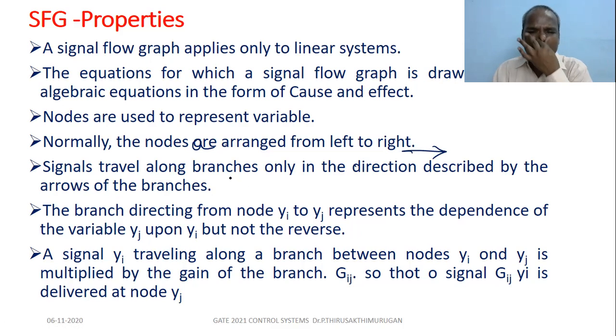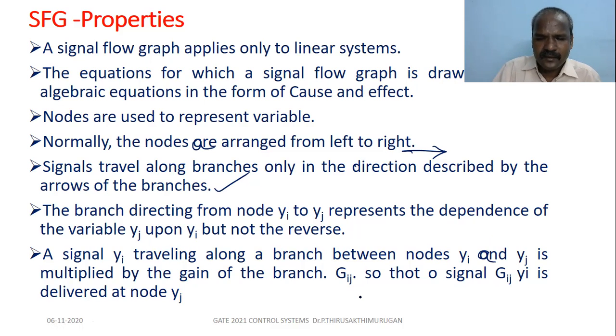The signal travels along branches only in the direction described by the arrows of the branches. The branch directing from node yi to yj represents the dependence of variable yj upon yi, but not in the reverse manner. A signal yi traveling along a branch between two nodes, yi and yj, is multiplied by the gain.